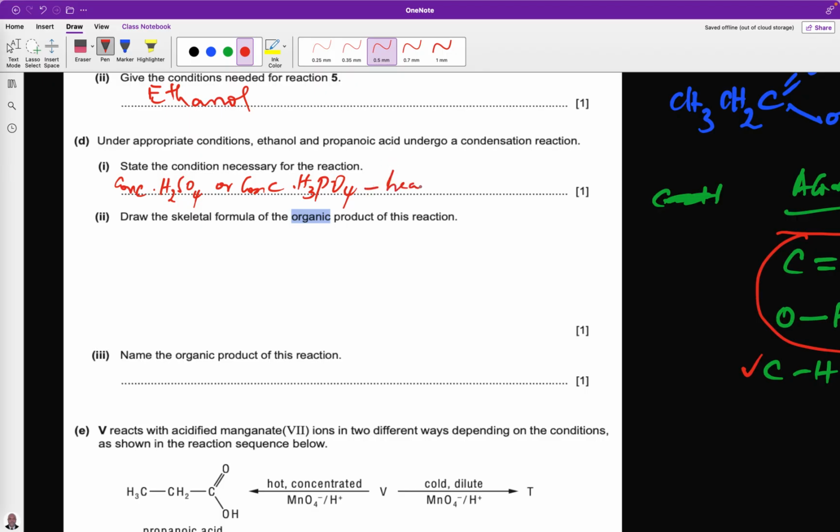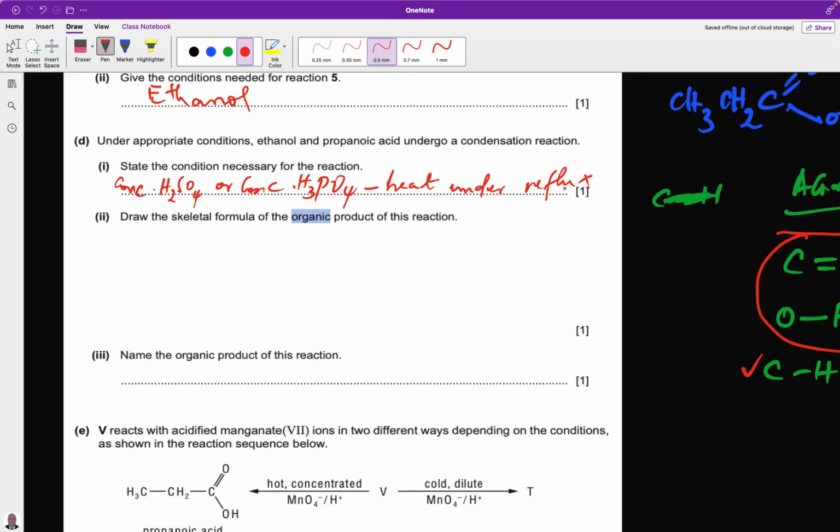You can also heat under reflux. Concentrated sulfuric acid or concentrated phosphoric acid, and we heat it under reflux.